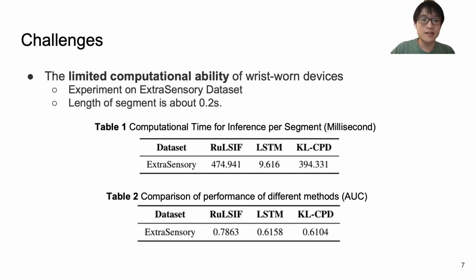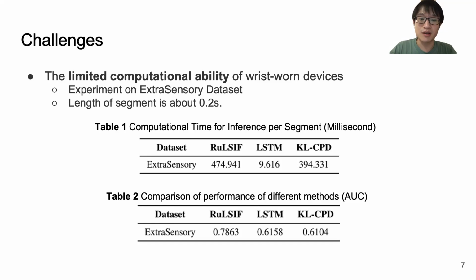We conducted the experiment on the ExtraSensory dataset. We can find in Table 1 the computational time for inference per segment, where the segment length is about 0.2 seconds. All these methods cannot work well on the segment.